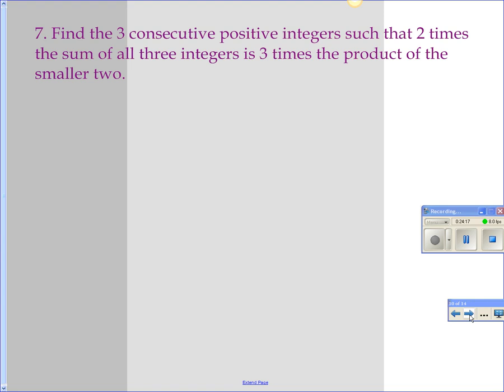Number 7, find the 3 consecutive positive integers such that 2 times the sum of all 3 of them is 3 times the product of the smaller 2. Okay, so Mary, just help me start it. How do I start it? Because it said 3 consecutive and it didn't say even or odd.